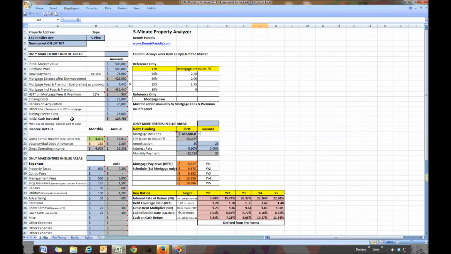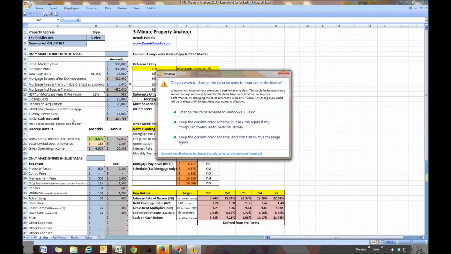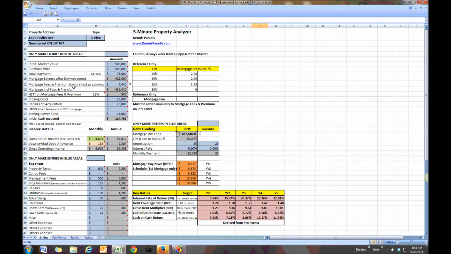So on this side, we want to start things off with information about the initial cash invested, which is an important aspect of looking at the property's attractiveness from an investment point of view. So we can put in the market price, the purchase price, the down payment. The system calculates the balance.